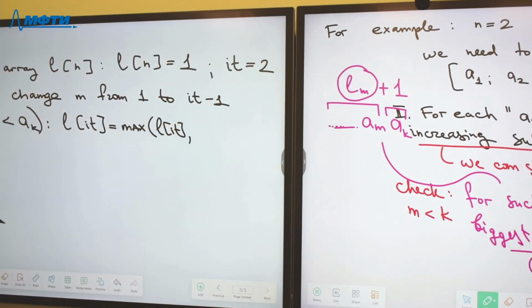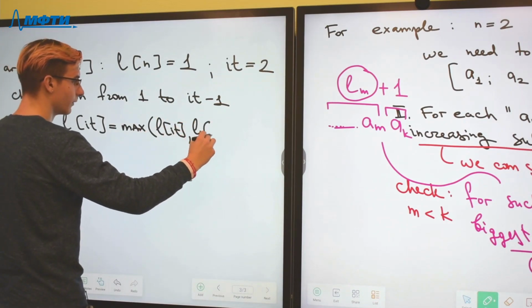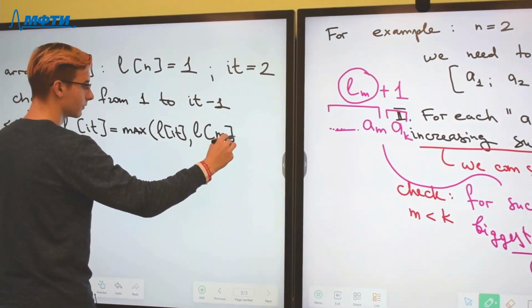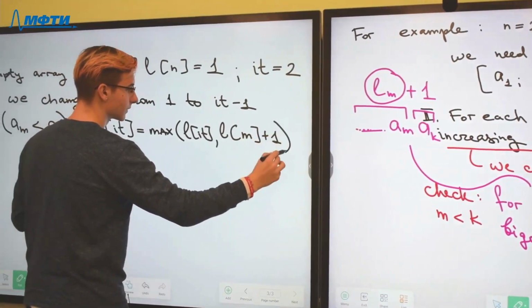So what is the length of this subsequence? It's equal to L of m plus 1.